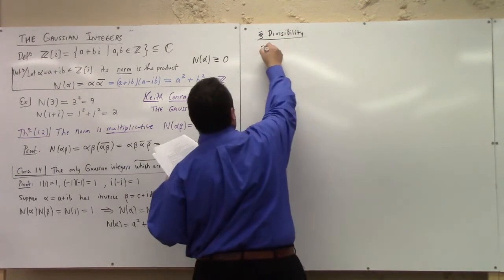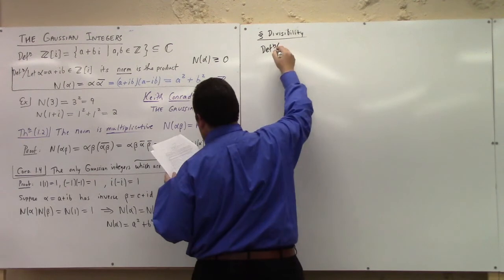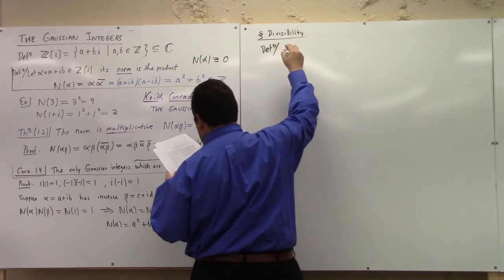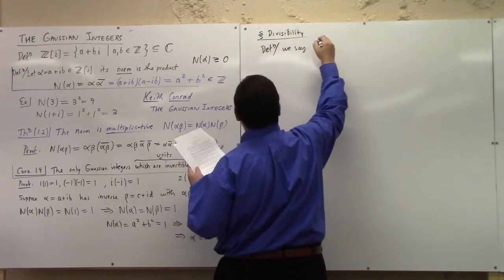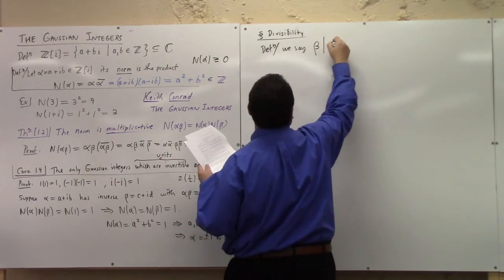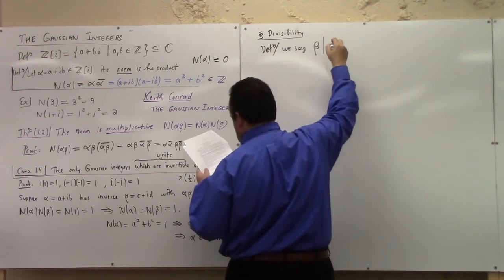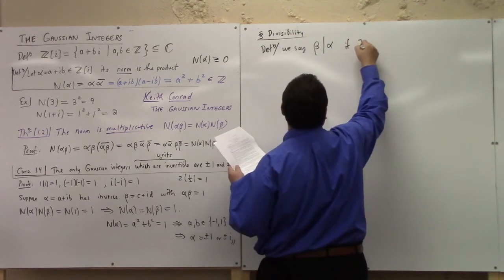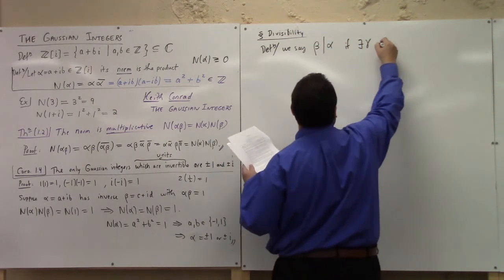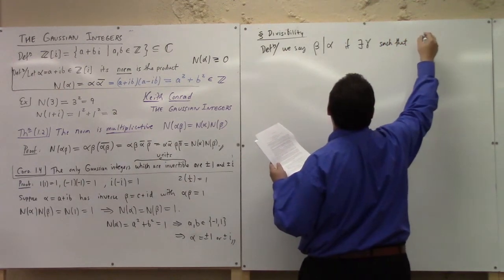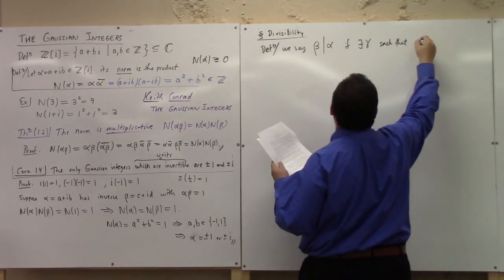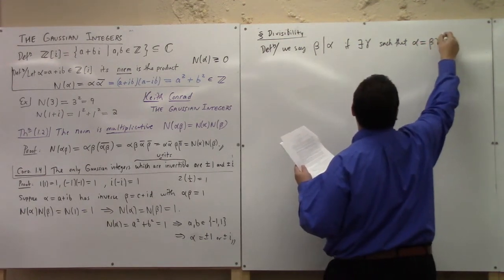So the definition we should settle: we say beta divides alpha if there exists gamma such that alpha equals beta gamma.